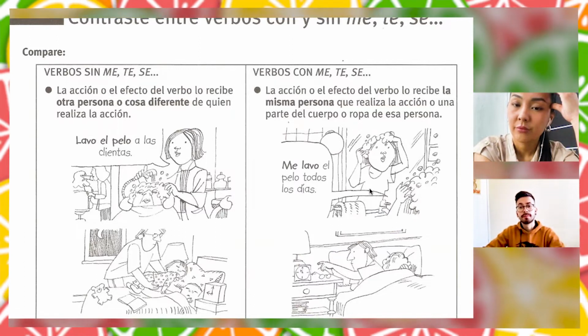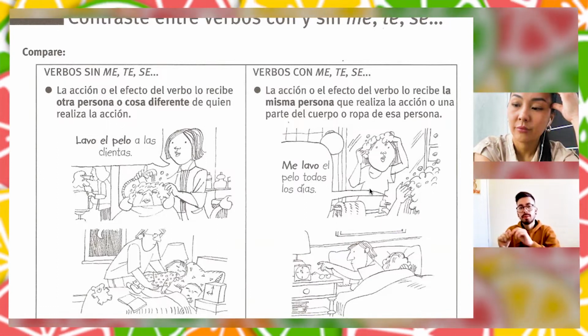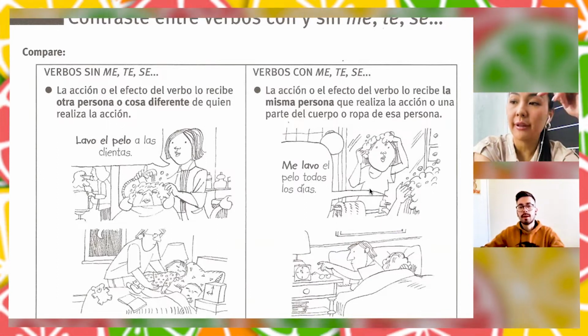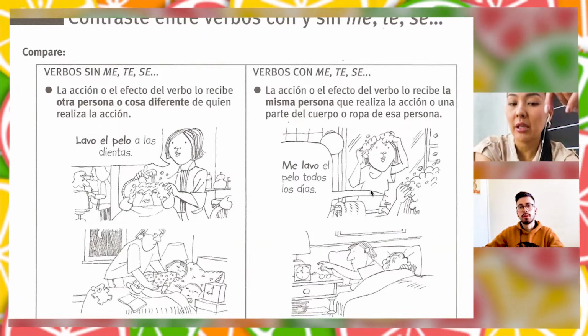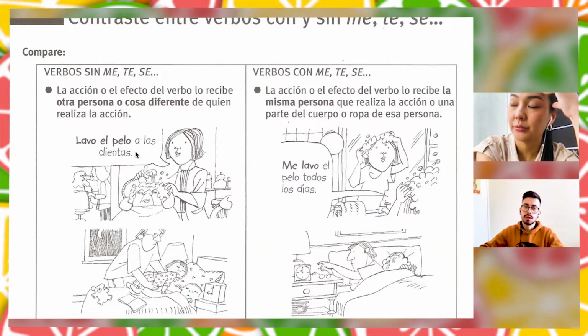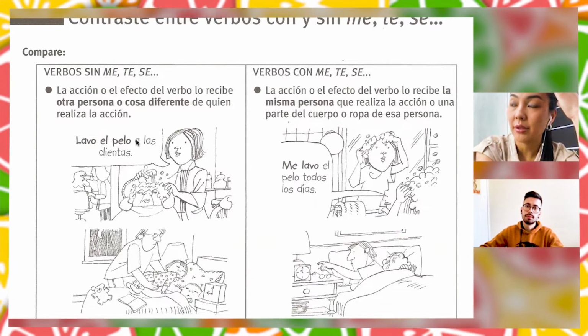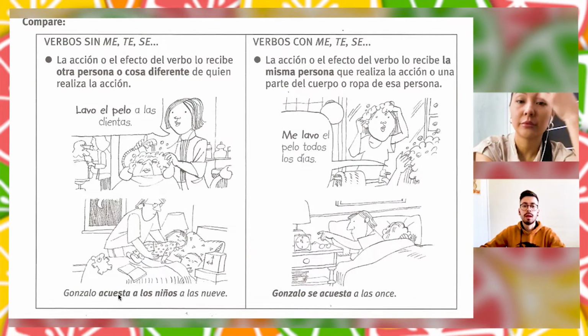So me lavo, right? This part, se, at the end, is going to be at the beginning. And if I say I wash my child, I say lavo a mi hijo. So we use the preposition a. To whom. I can see.